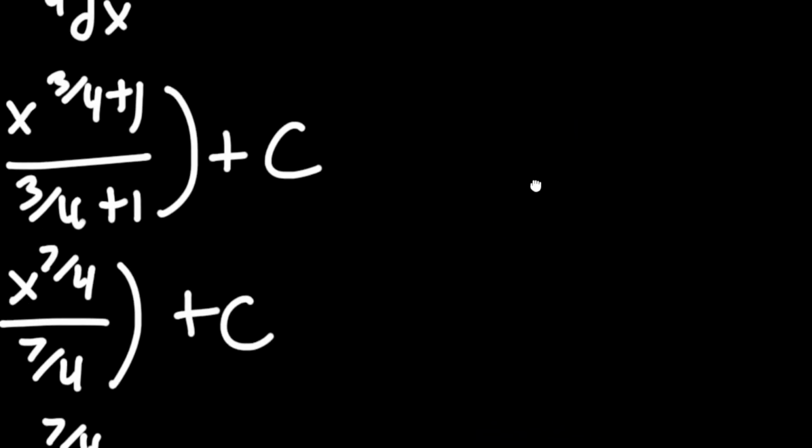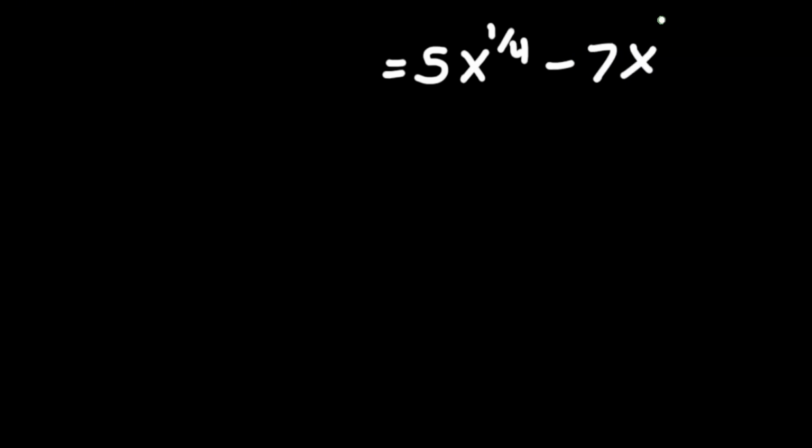Let's go to this side. So we need to write the original problem so that we can check if our answer is correct. So 5x raised to 1 fourth minus 7x raised to 3 fourths.